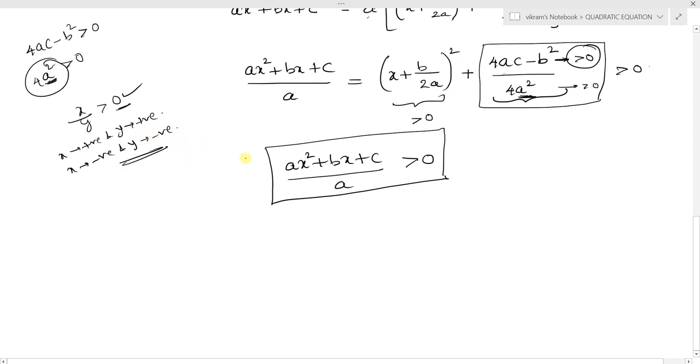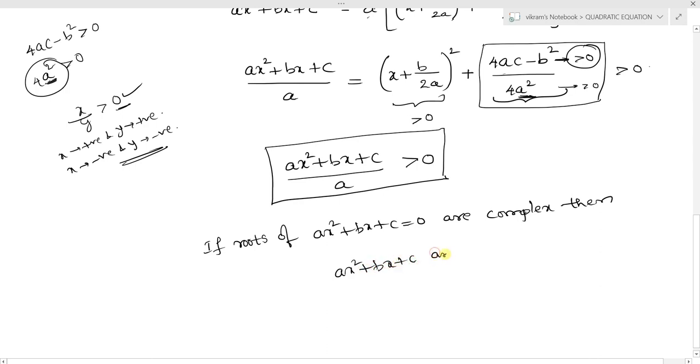Now we can say that if the roots of ax square plus bx plus c equals 0 are complex, then ax square plus bx plus c and the coefficient of x square, that means a, will have the same sign.